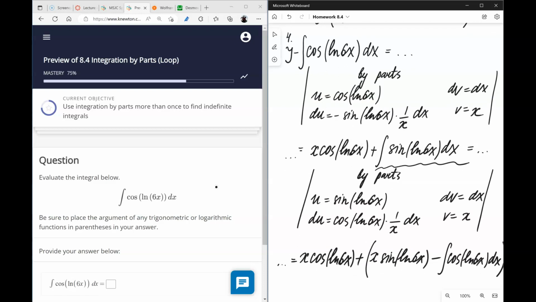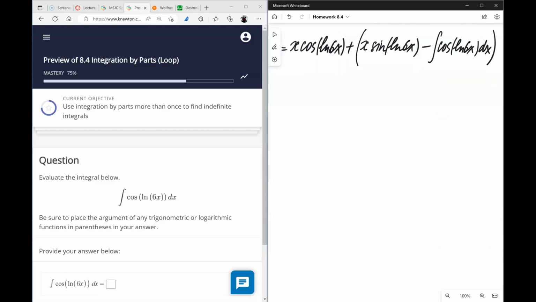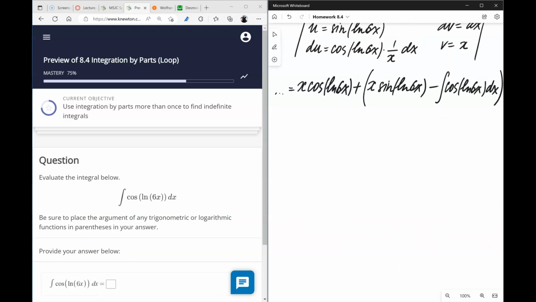So if we label the original problem as j or I or any other letter of your choice, then we can see that j, the original integral, is equal to x cosine ln of 6x plus x sine ln of 6x minus j. Add j to both sides.